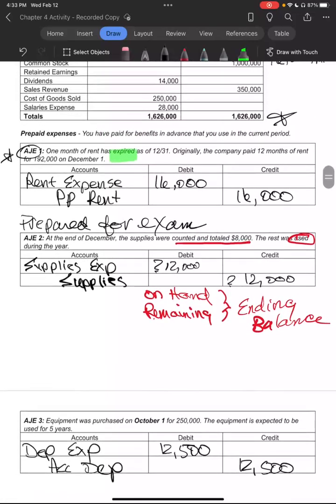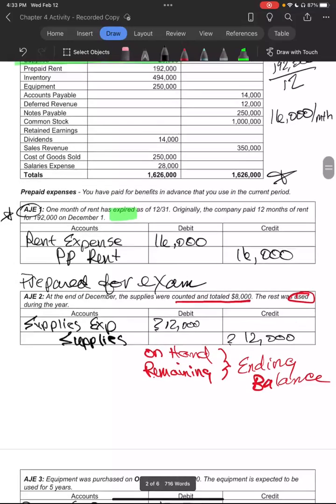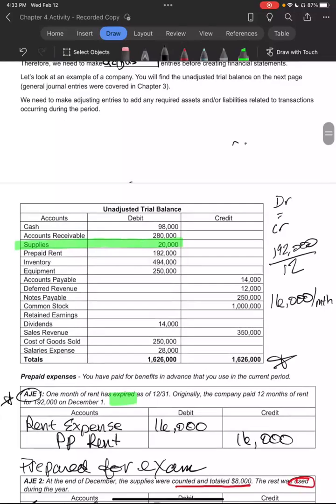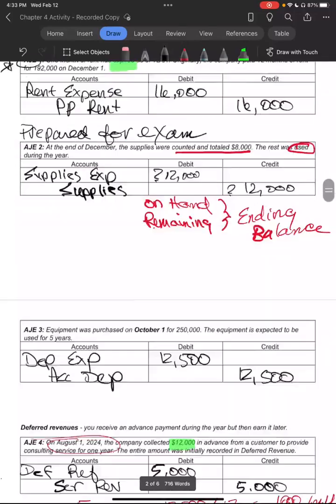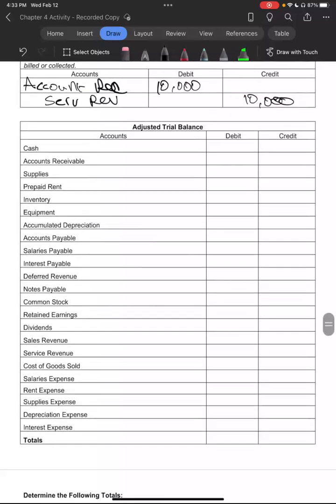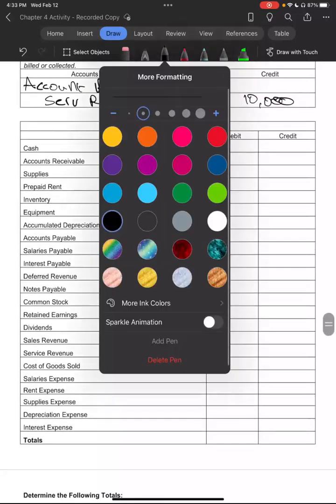And remember, the reason for that is because cash has either already happened or it's not going to happen until the future. So just remember, anytime we're dealing with adjusting journal entries, we're not going to be using cash. So the cash, we can just pull straight from the unadjusted trial balance, and we see that total is $98,000. Okay, so we're just going to write that right in here.